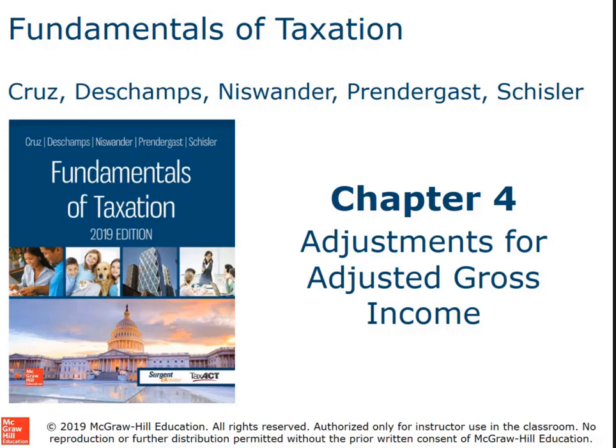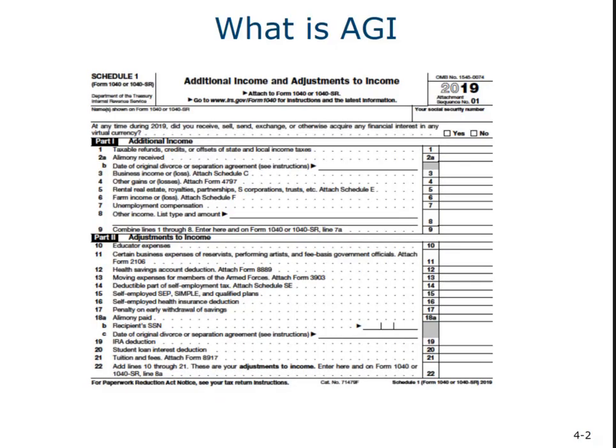We're going to talk about adjusted gross income, AGI for short, this chapter, and understand a little bit more about how it is calculated. So we get right into our discussion using these PowerPoint slides. The definition of AGI is really a subtotal on our way to taxable income.